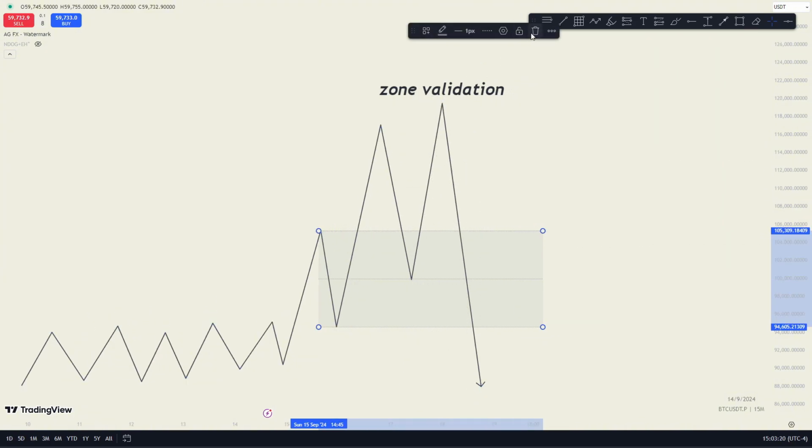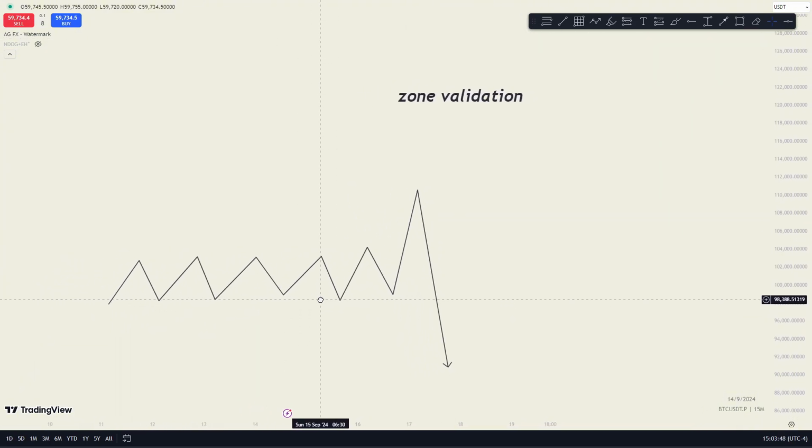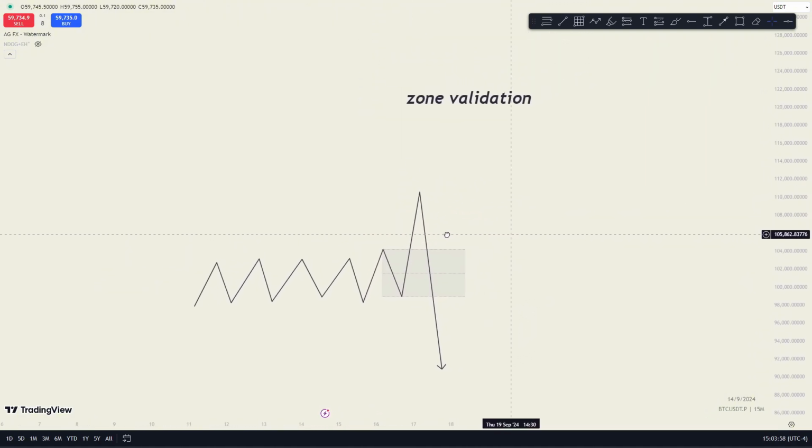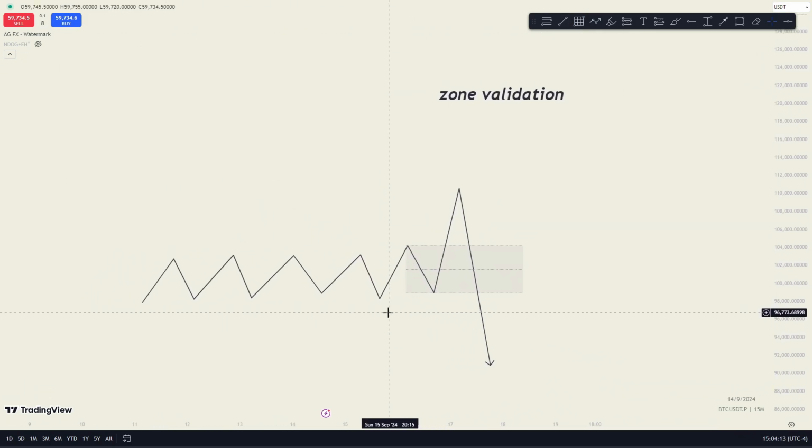Just as simple as that. So here, what do we see is I don't recommend you to take zones that were formed inside consolidation, especially before we took some major low. So usually, if we didn't take any higher time frame important low or high, it depends on which side this thing is forming.